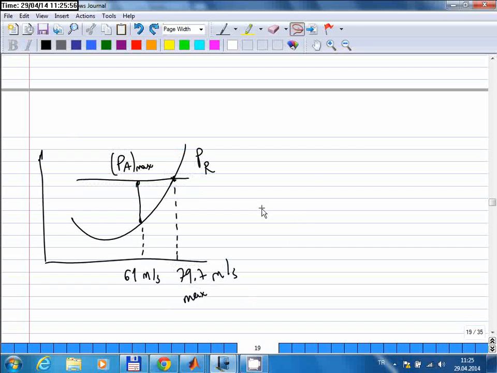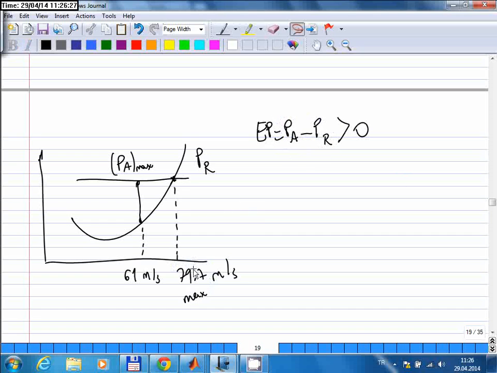Okay? So if this aircraft was flying at its maximum speed, and if the pilot needs to climb, then what he needs to do is he needs to get excess power, right? You need to have excess power, which is equal to PA minus PR, greater than 0. And if your PA is already set to maximum, the only way to get excess power is to make this smaller, okay?